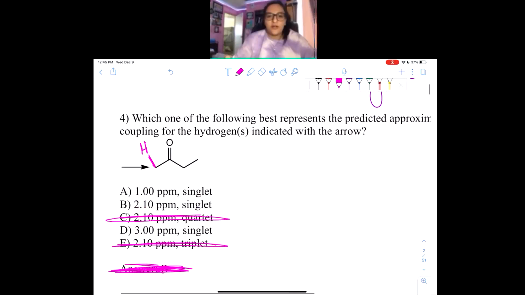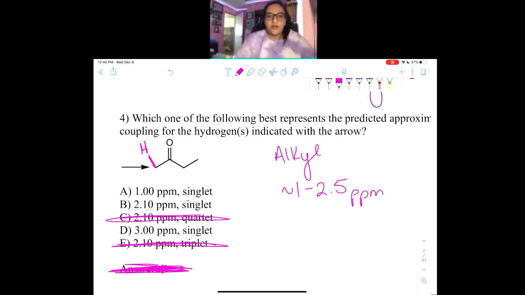So a lot of people put this in the carbonyl region, but it would be in the alkyl region because it's attached to the hydrogen next to the carbonyl. Exactly. So we know that the alkyl region is approximately 1 to 2.5 ppm.